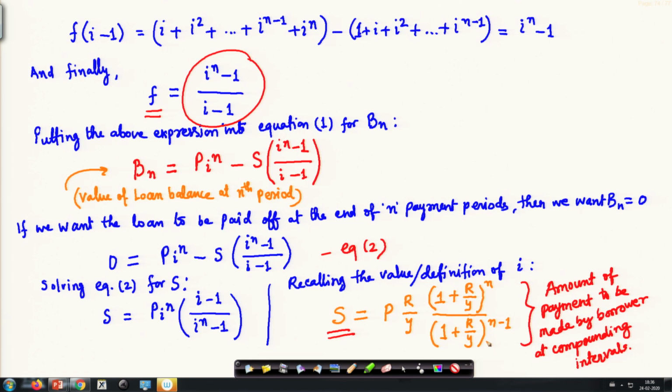So, this expression tells us how much amount has to be paid by the borrower to the lender as payment at every interval of compounding.